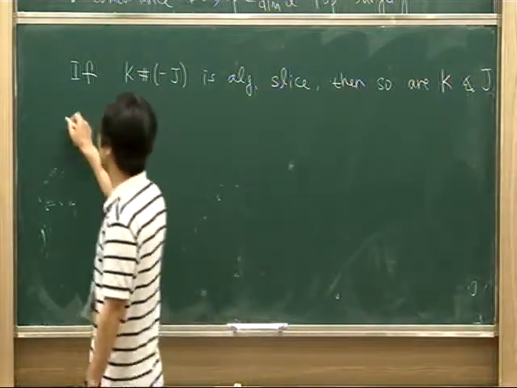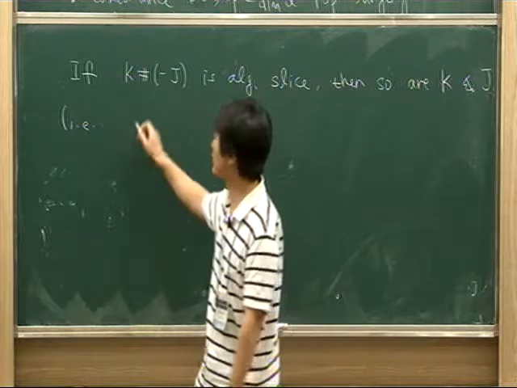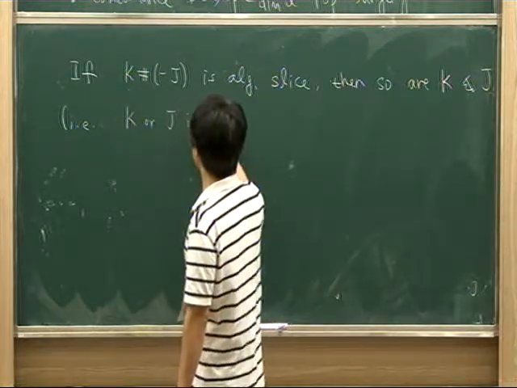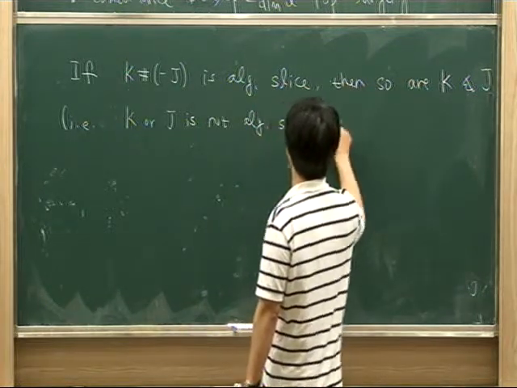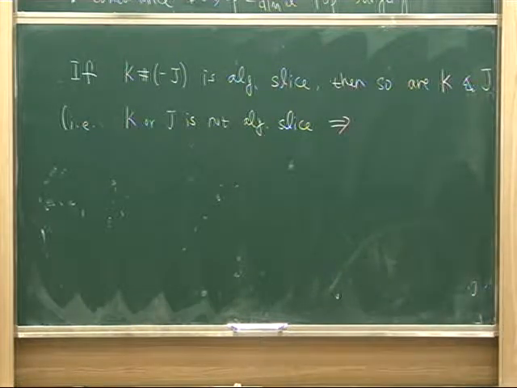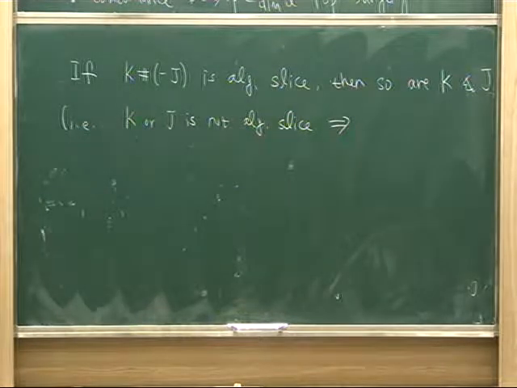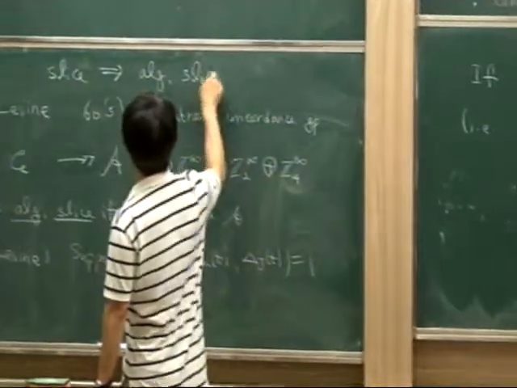So in other words, if you think about the contrapositive, then what does that mean? That means if K or J is not algebraically slice, then their connected sum is not algebraically slice. By the way, because we have this surjective homomorphism, slice knots are algebraically slice.